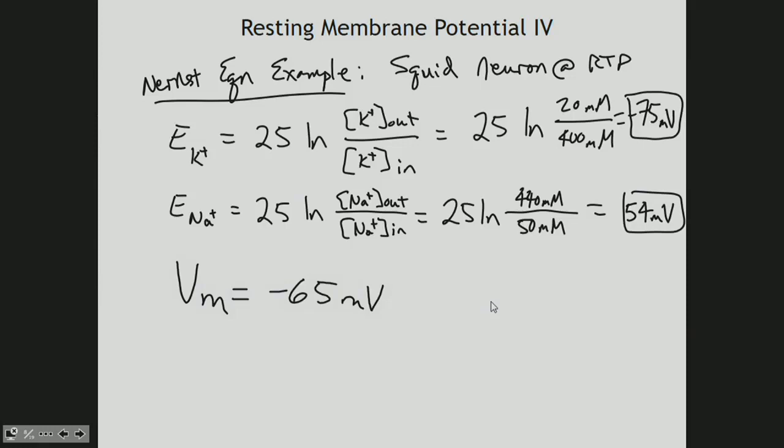Because it's pretty much giving you the membrane potential, right? The membrane potential is pretty much set at the equilibrium potential for potassium, but not quite. It's slightly less negative, which means there's a role for sodium as well in making it slightly less negative than it would be otherwise. But it's primarily the permeability of the membrane to potassium that sets the resting membrane potential.